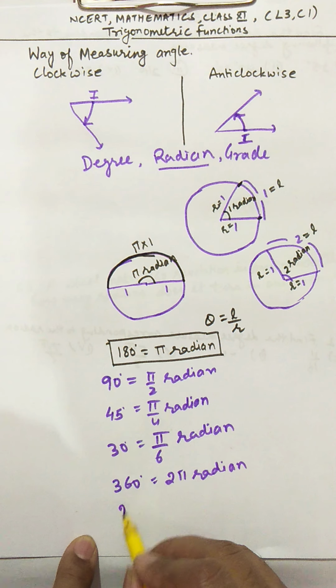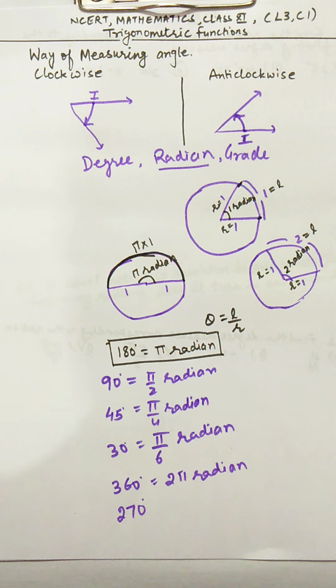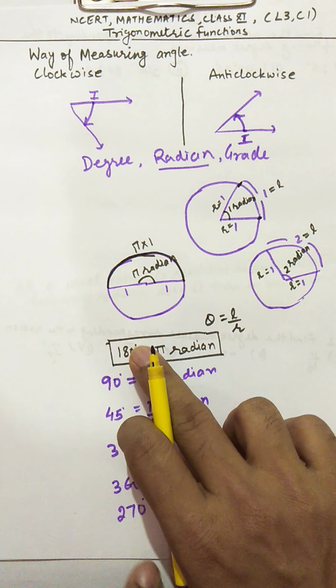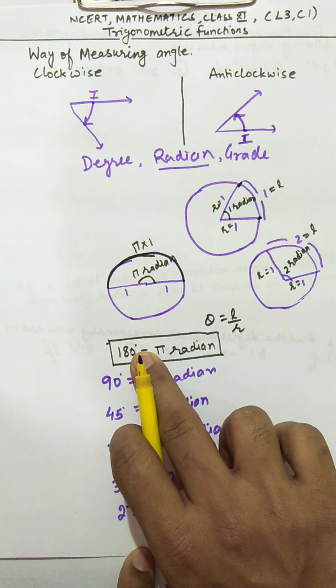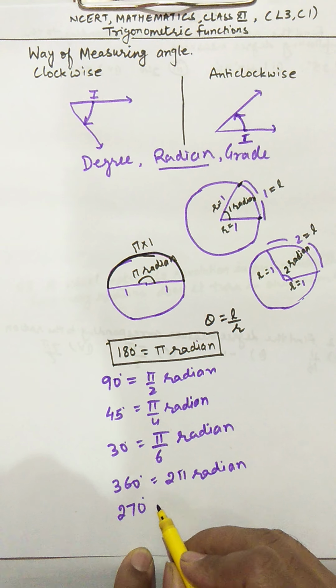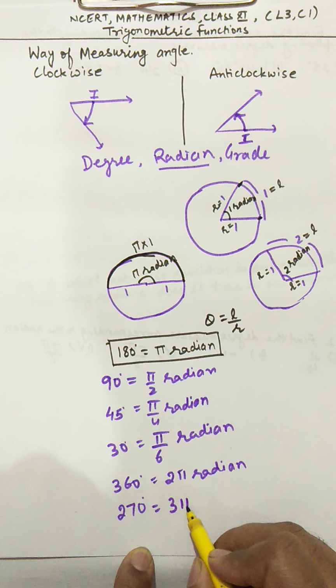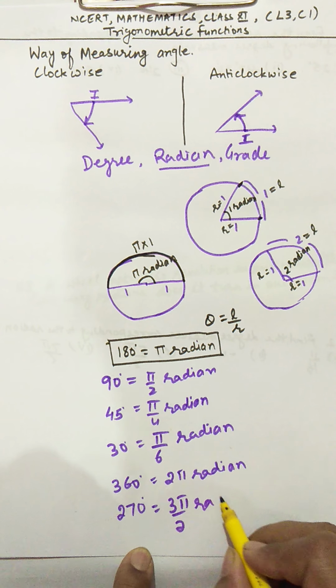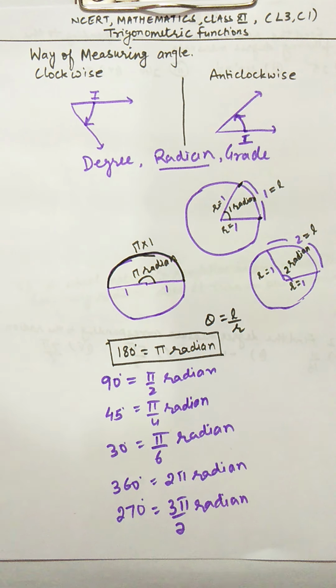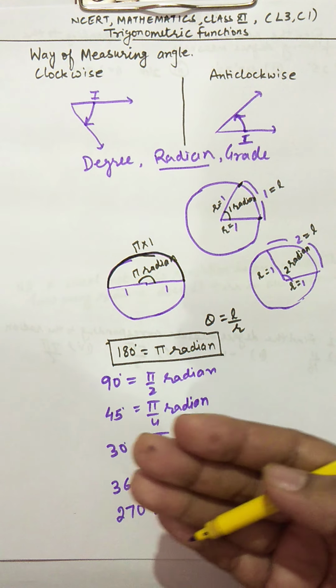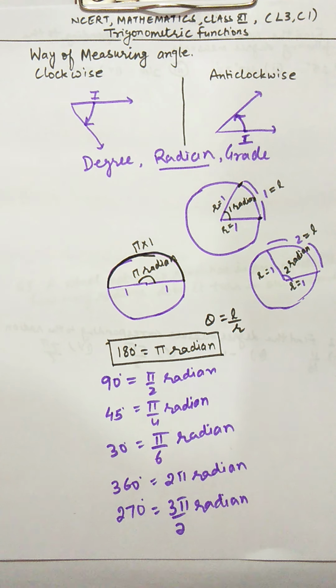And now if I ask you 270, it is 3 by 2 of 180, so 3 by 2 of pi will be 3 pi by 2 radian.